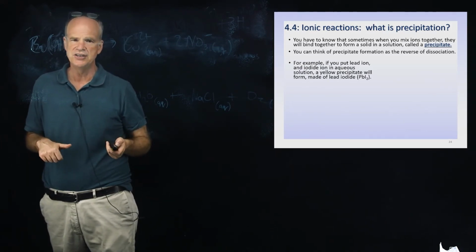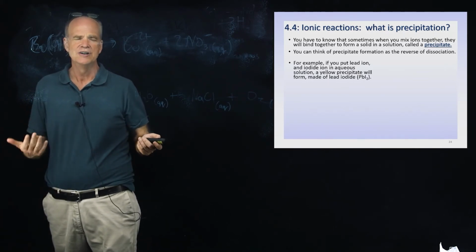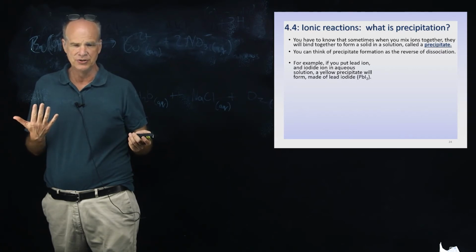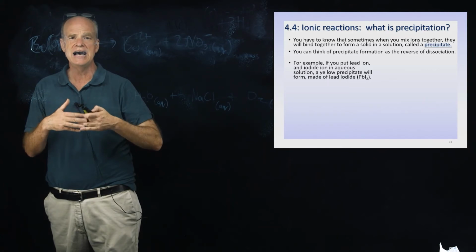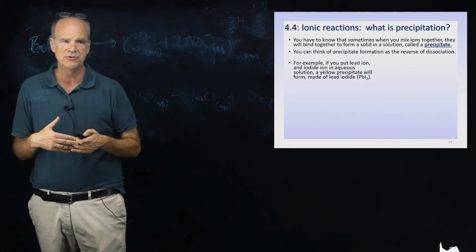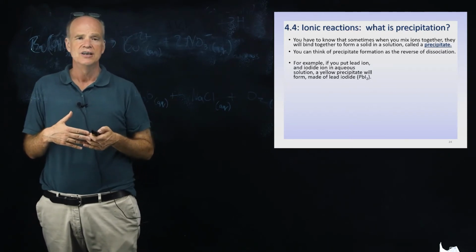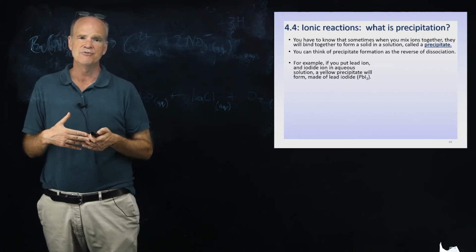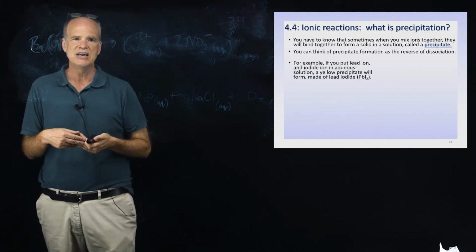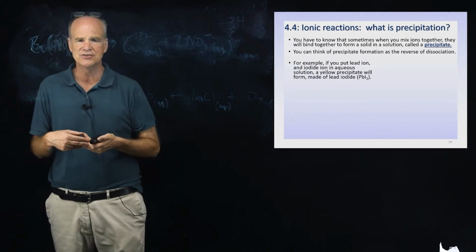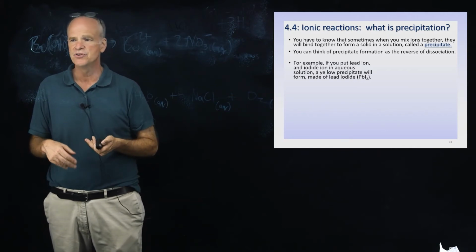Precipitation is the opposite: you have ions in one solution and ions in a separate solution, but then when you add the ions together into the same solution, the ions want to stick together. When they stick together, they clump onto each other and form a crystal, if you will, in the water. If you have that process occurring of the ions clumping together to reform the crystal in the water, it is called a precipitation reaction.